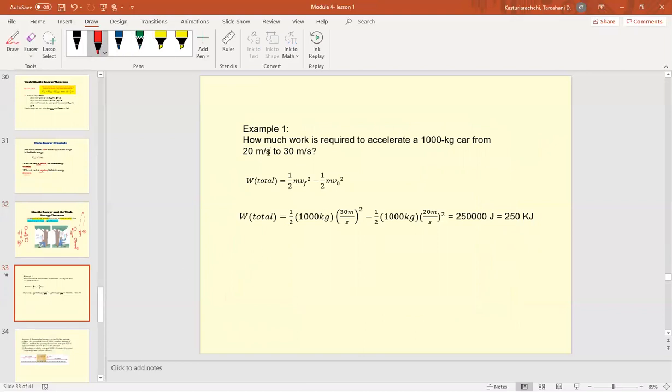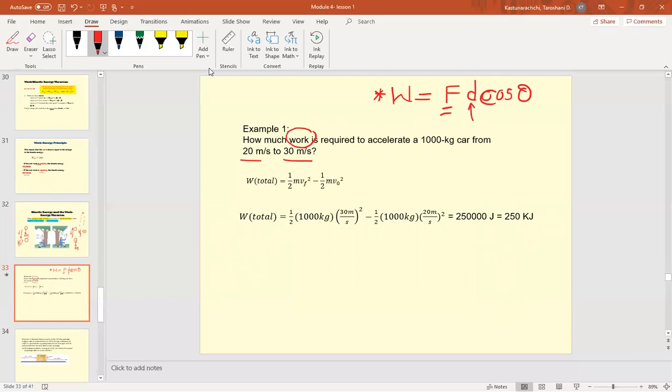Now let's look at how much work is required to accelerate a car from 20 to 30. Now it's given the velocity information, asking me to find out the work. One thing I know, I can find the work as F d cosine theta. But you get stuck if you use this definition. Why? You don't know the force. You could figure out the force, but you don't know the displacement.